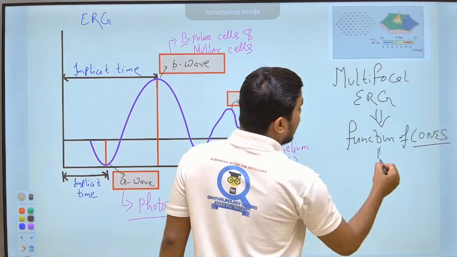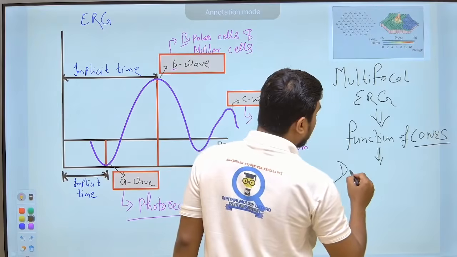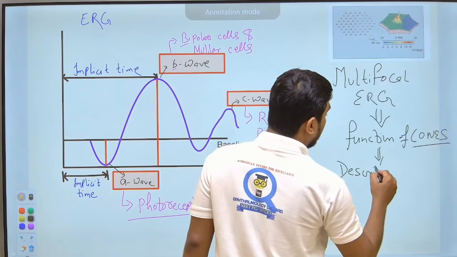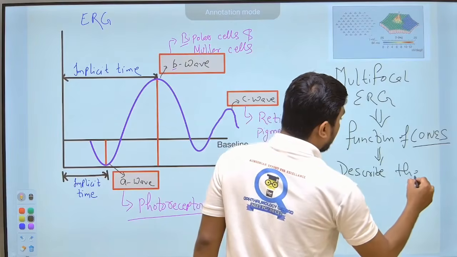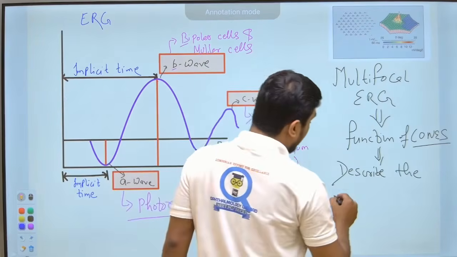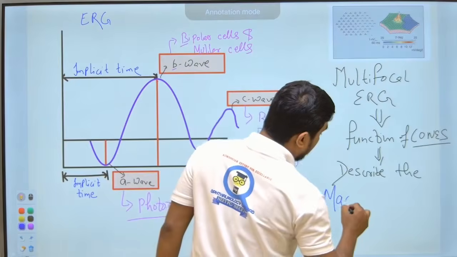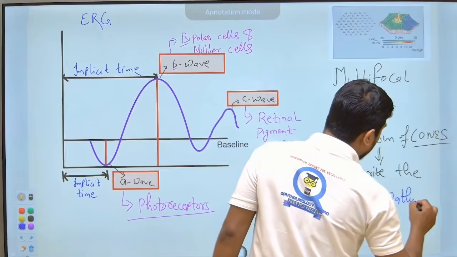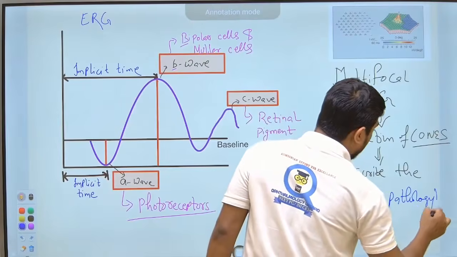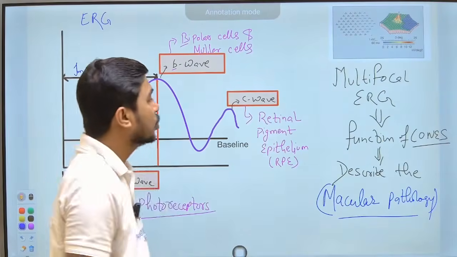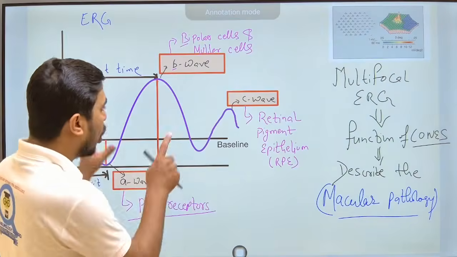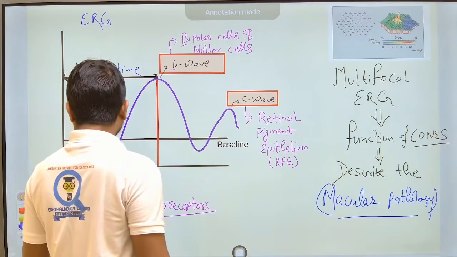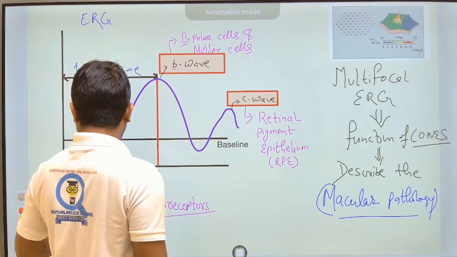So basically it describes macular pathology. Understood? So this is very important to understand all these things. Okay, you got my point? Coming to the next image question.